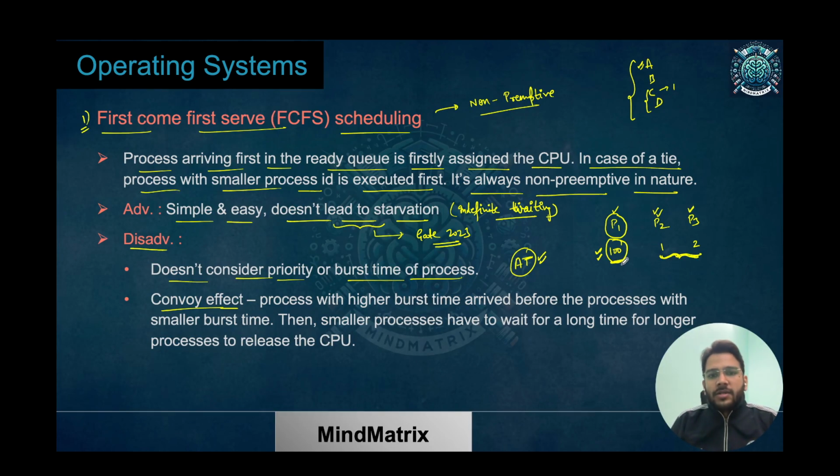This is what we call the convoy effect. When processes with higher burst time arrive before processes with smaller burst time, the smaller processes have to wait a long time for the longer processes to release the CPU, as I explained through the example. Clear? So this is the convoy effect which we observe in the first come first serve scheduling algorithm.